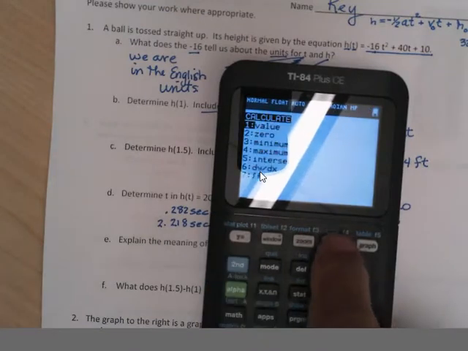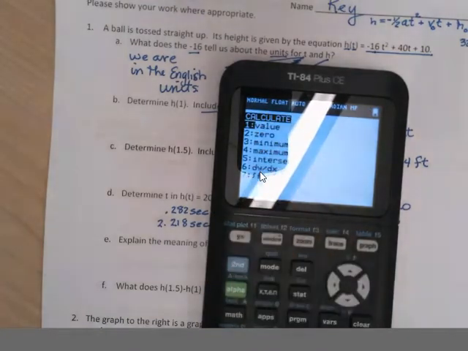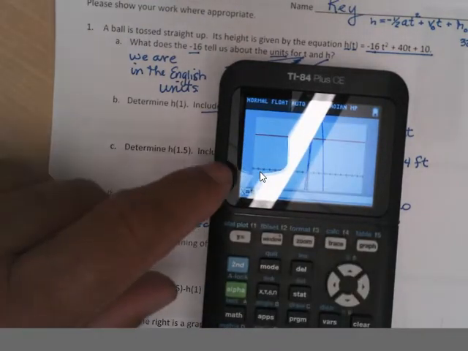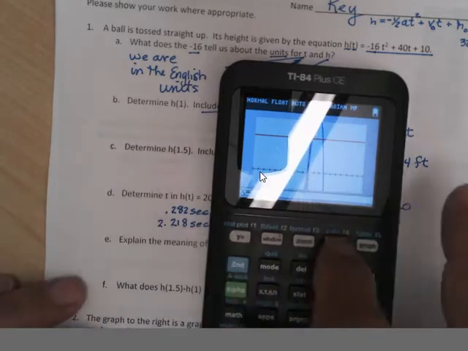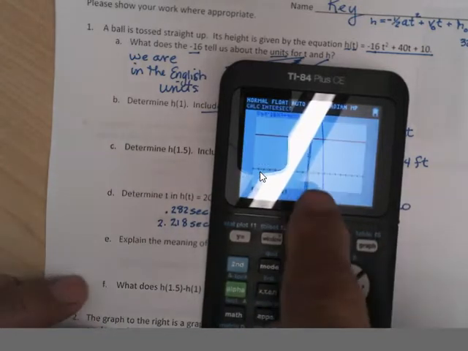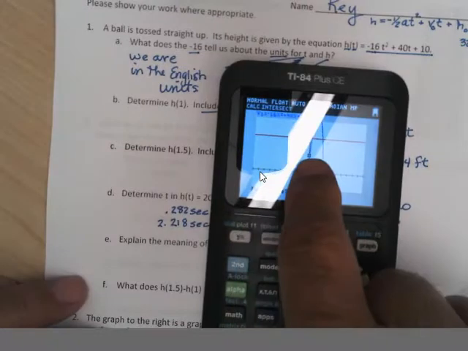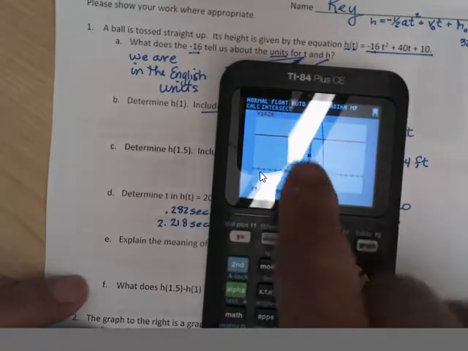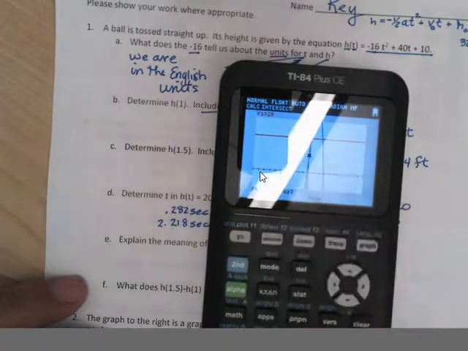Second, calculate, intersection, 5, enter. And it's asking me, do you want the intersection of this blue curve and something else? And I say yes. Is this red curve the something else? And I say yes, by pressing enter on both of those.